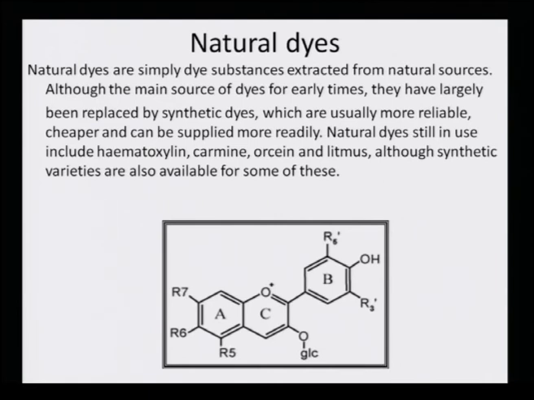Natural dyes still in use include hematoxylin, carmine, orcein and litmus, although synthetic varieties are also available for some of these. So, there has been a big debate whether to use good natural dyes or to go over to synthetic dyes.